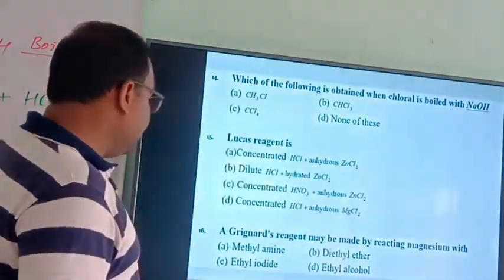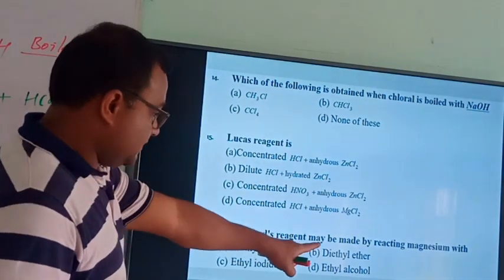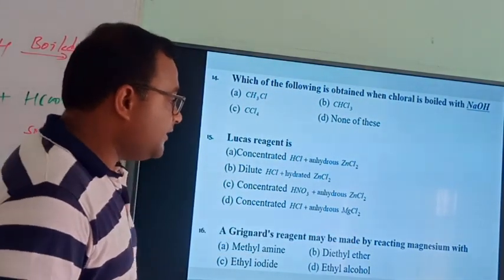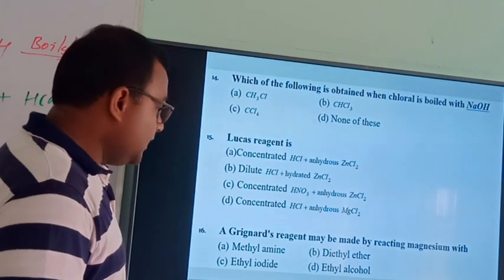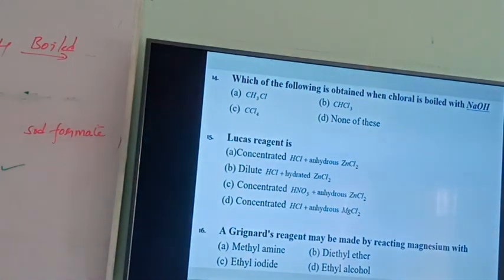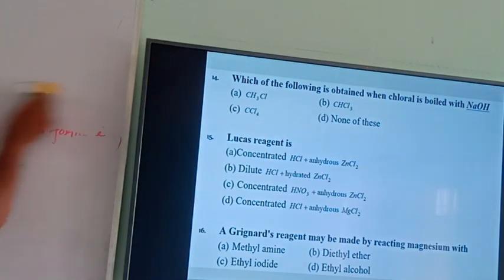The Grignard reagent may be made by reacting magnesium with what? It's a simple, direct NCERT-based question. First of all, what is a Grignard reagent?